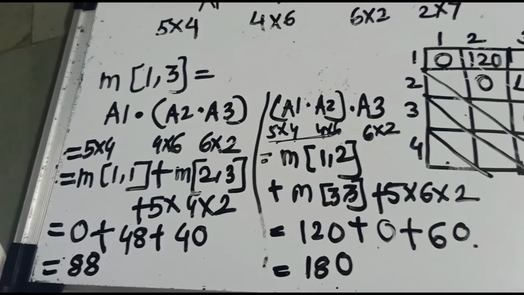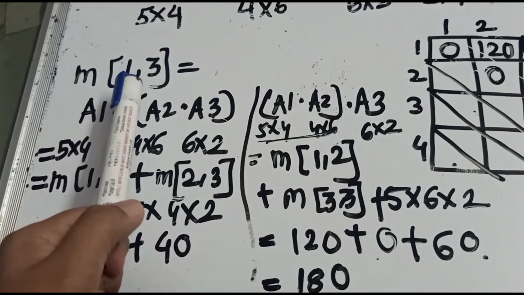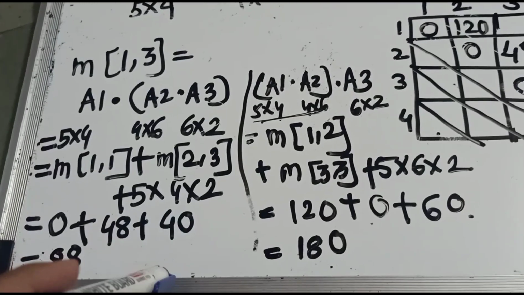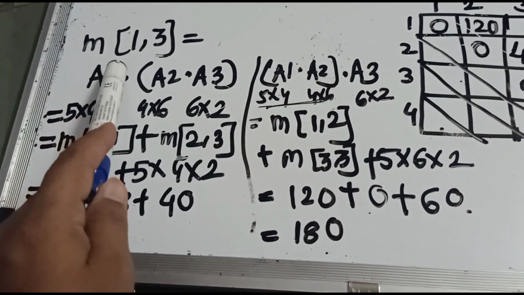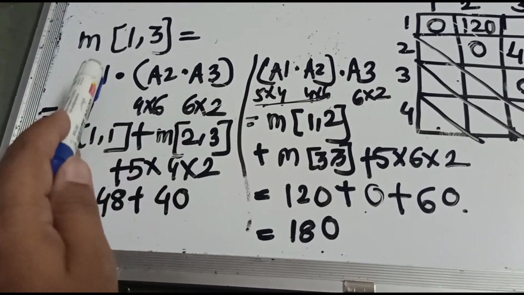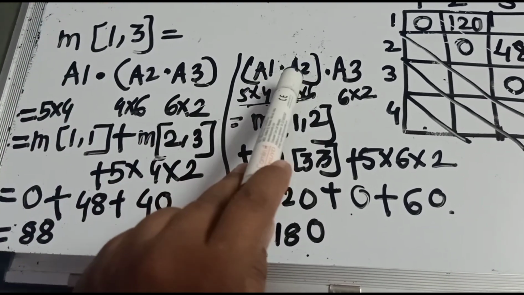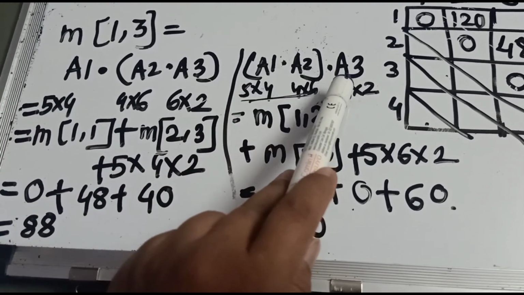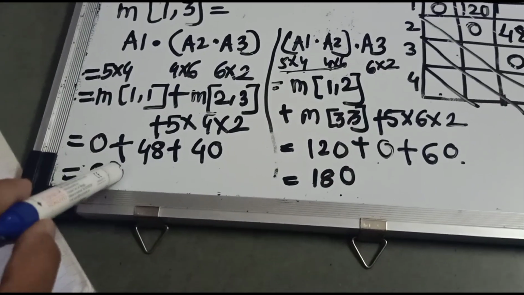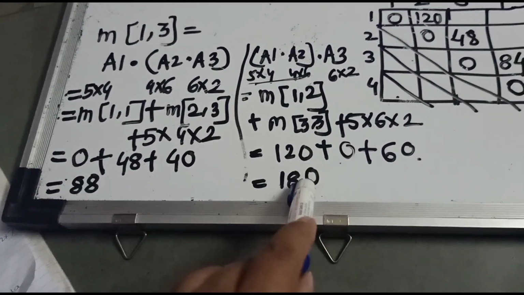So for finding the cost of 1 comma 3 we have seen the possible ways. The first possible way is to multiply A2 A3 and then multiply this result with A1, and the second possibility is to multiply A1 and A2 and then multiply the result with A3. We got 88 in the first method and 180 in the second.